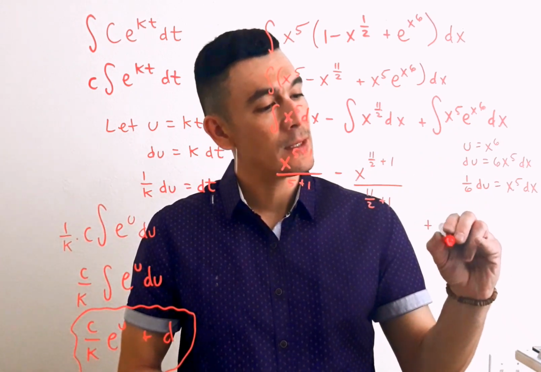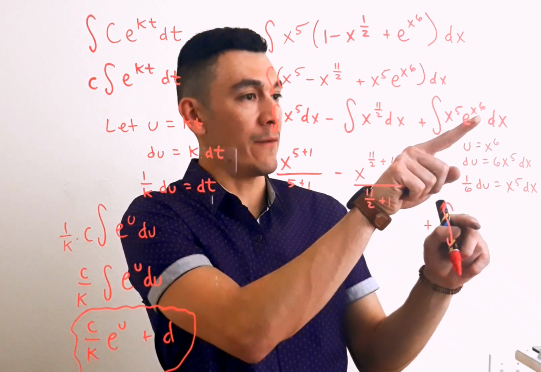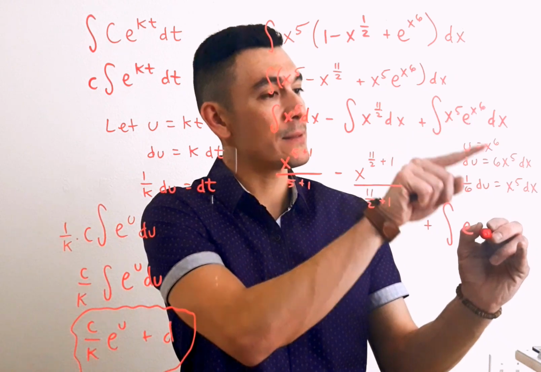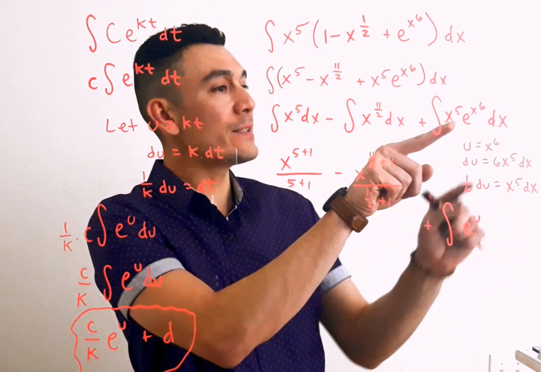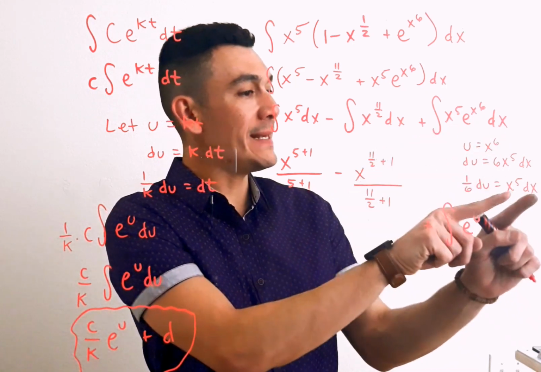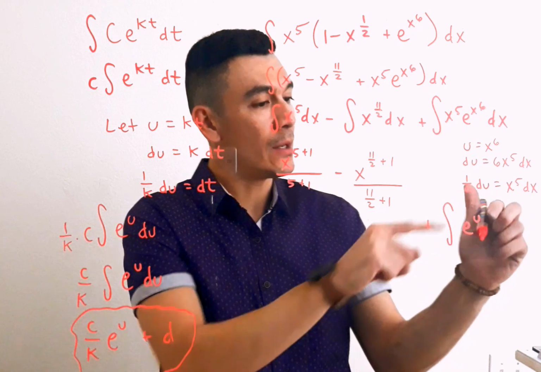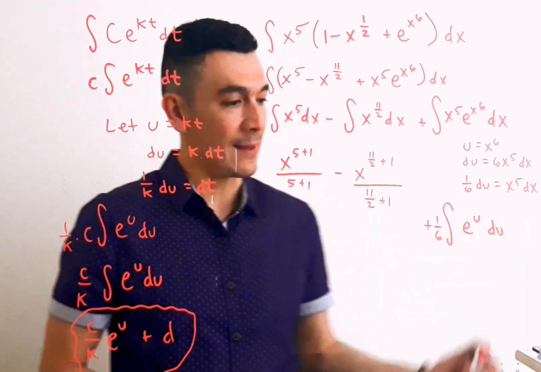So plus integral, well, let me cover e to this power first. E stays e, but x to the sixth is u. Now look at how x to the fifth and dx pieced together are replaced by 1/6 du, where the du goes here, but the 1/6 goes out there.